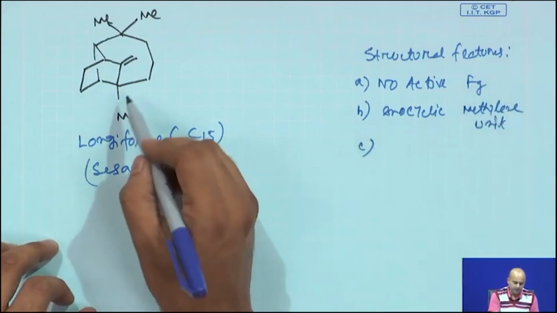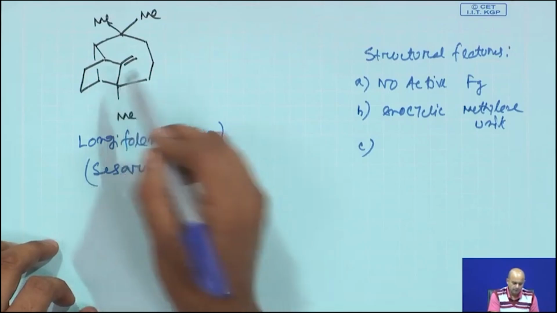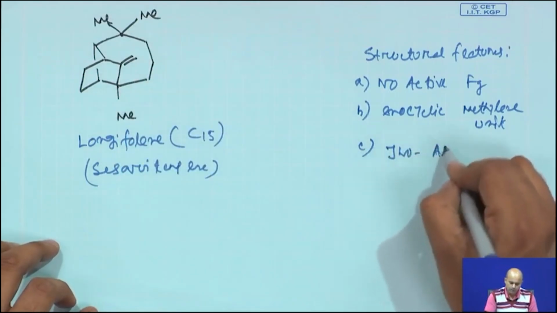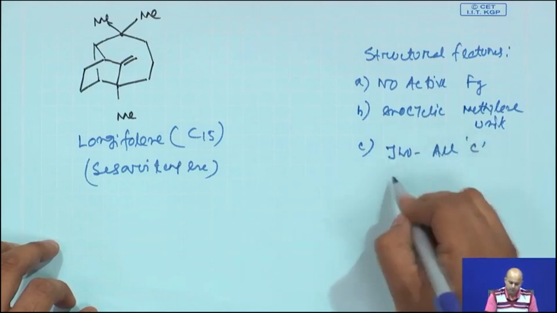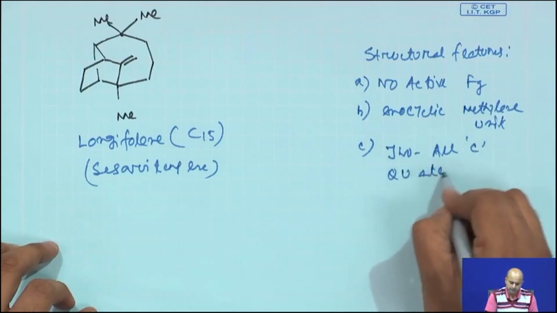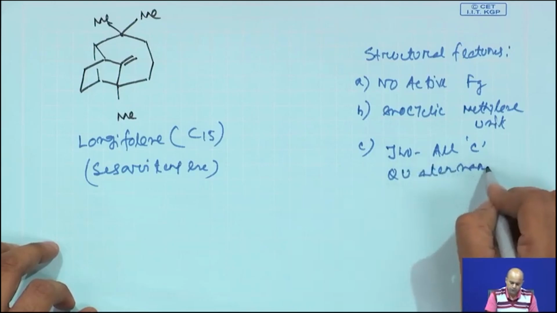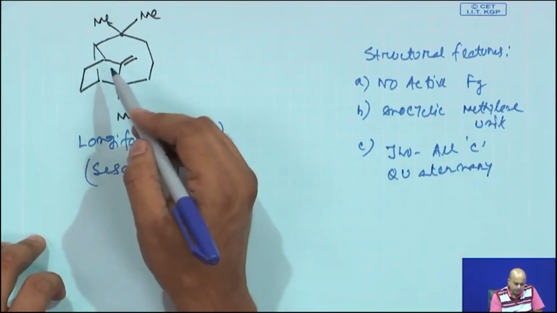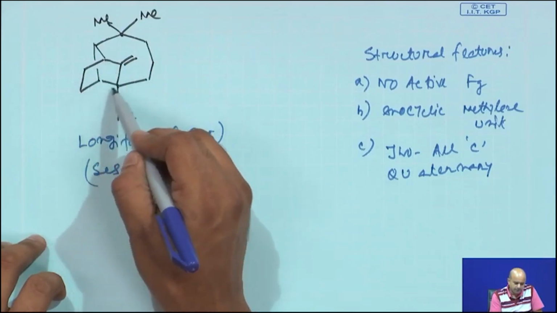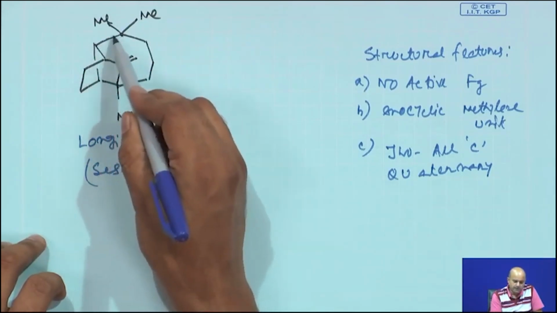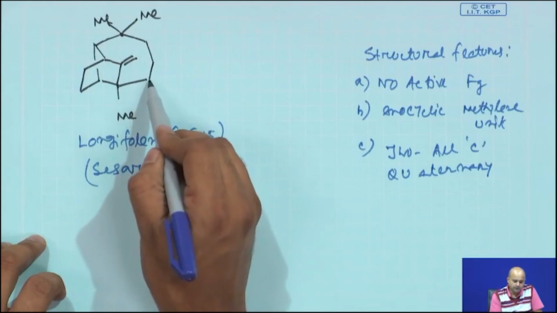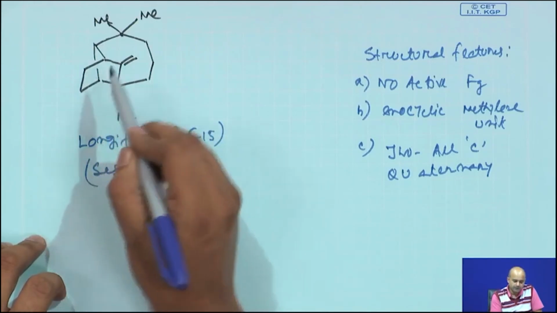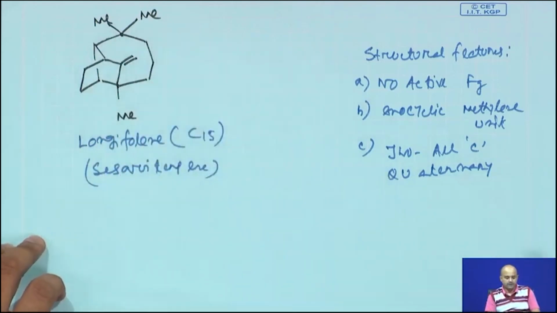Then it has one and two all-carbon quaternary centers, meaning fully substituted with carbon-containing centers. And then the topology is very interesting. You have a 6-member ring, and from the bridge it gives you another 7-member ring which is connected to this part. So, there is a bridged cyclohexane, and then from the bridge it was there.